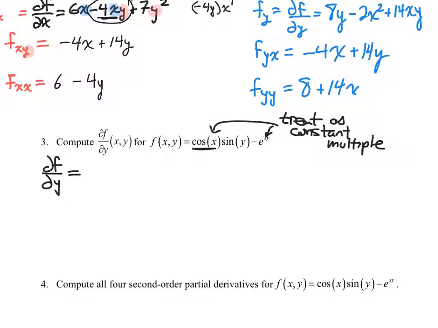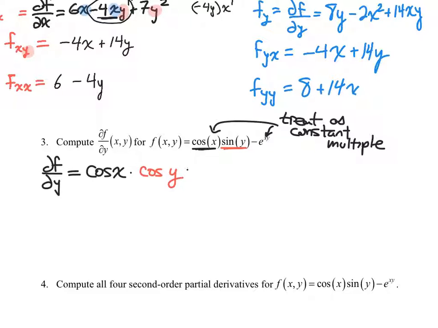So I'm going to differentiate around the cosine of x. I'm going to leave that as part of my solution and then take the derivative of the other part in terms of y. The derivative of sine is cosine, so we're going to have cosine of y. It's with respect to y, so it's not like implicit differentiation where I need to slap on a dy dx. It's just going to be times cosine of y.